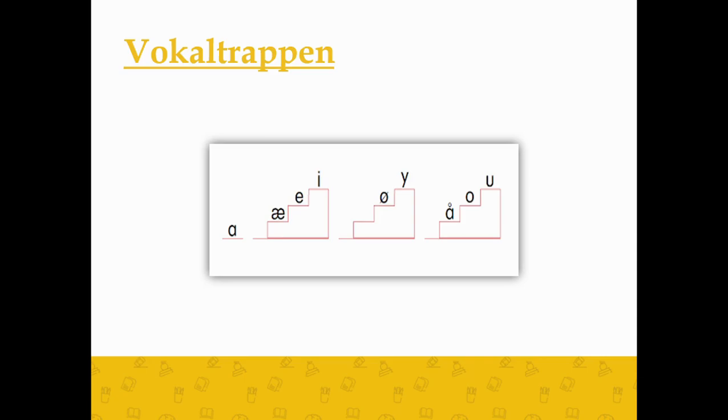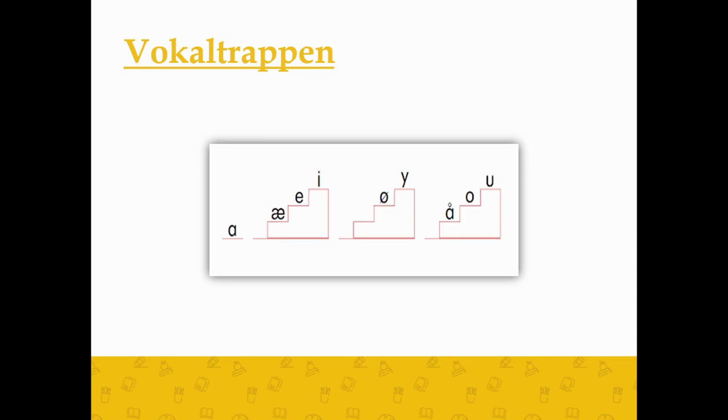Now, I is pronounced exactly like this when it is followed by one consonant. But if you put two consonants after I, it takes one step down the staircase to E. Then we have E, sounds like this with one consonant. But if it has two consonants, it takes a step down the staircase and gets the sound Æ.